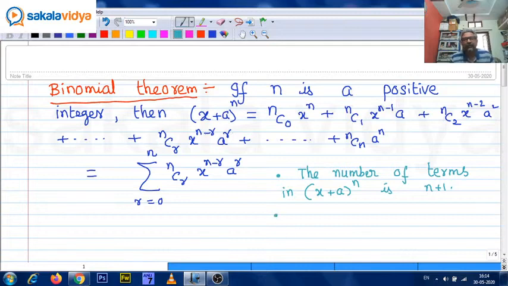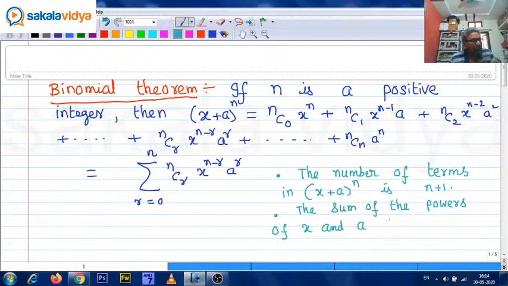That means the sum of the powers of x and a in (x plus a) whole to the power of n is n, in the binomial expansion. Okay.